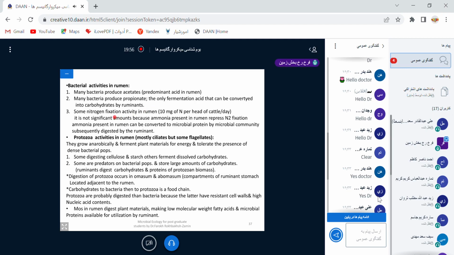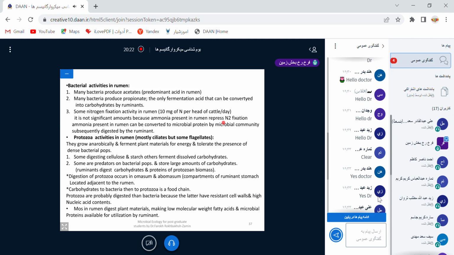Some nitrogen fixation activity in the rumen is done, but it is a very small amount. It is 10 milligrams of nitrogen per head of cattle per day. It is not significant because ammonia present in the rumen represses nitrogen fixation.